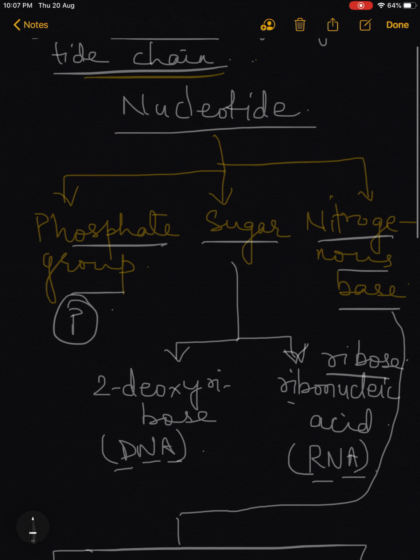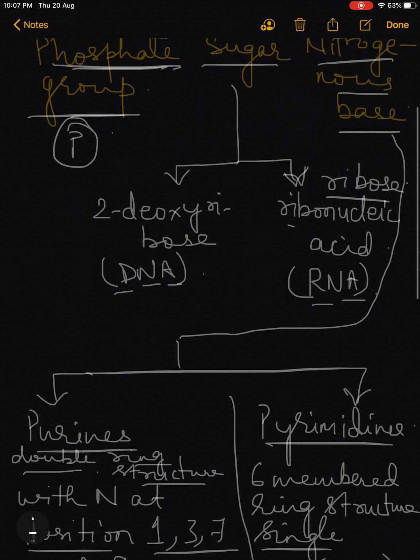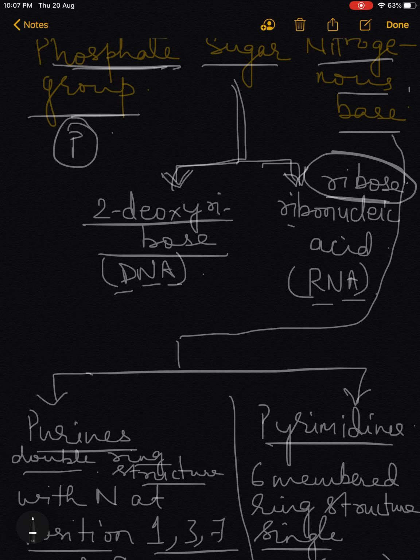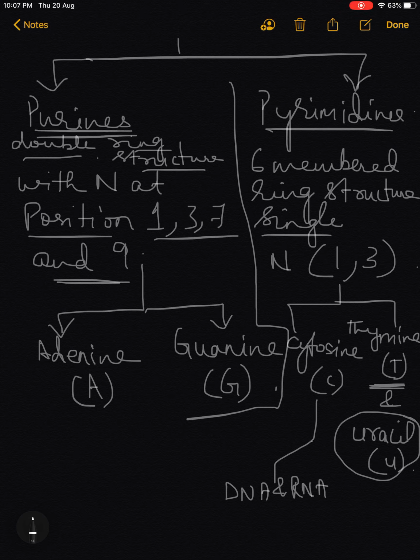Again, a little bit of revision. A nucleotide is made up of 3 components: the phosphate group, the sugar and the nitrogenous base. Sugars are of 2 types. If it's DNA, the sugar is deoxyribose, and if it's RNA, the sugar is ribose. Nitrogenous bases are of 2 types, purines and pyrimidines. Purines are a double ring structure, and the nitrogen is placed at first, third, seventh and ninth position. They are of 2 types, adenine and guanine.